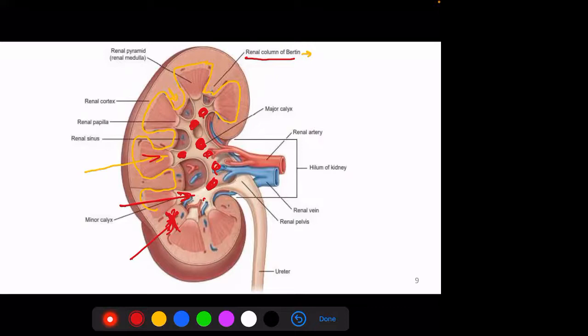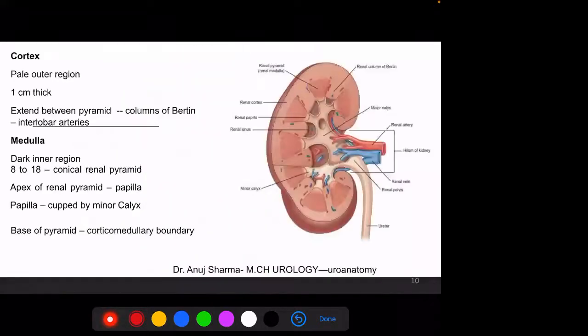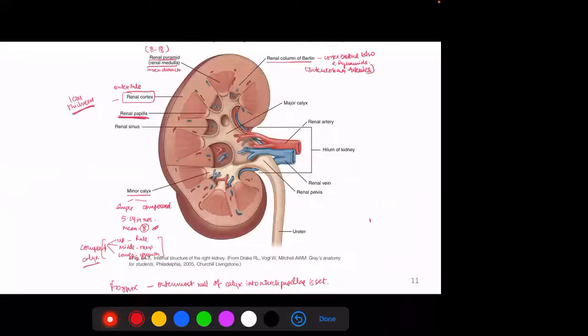We already discussed this. One important thing I forgot: what is the difference between a simple minor calyx and a compound minor calyx? Just remember, the medulla has renal pyramids. These renal pyramids open into the minor calyx through the papillae.